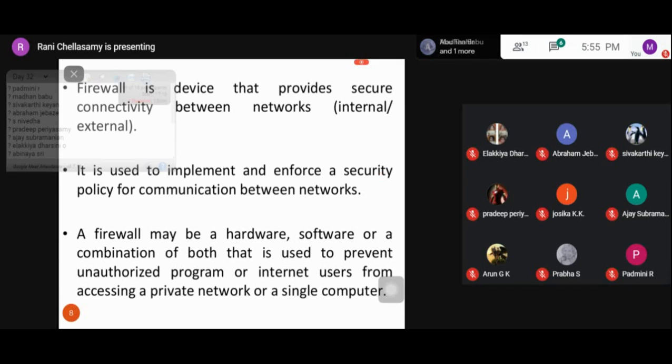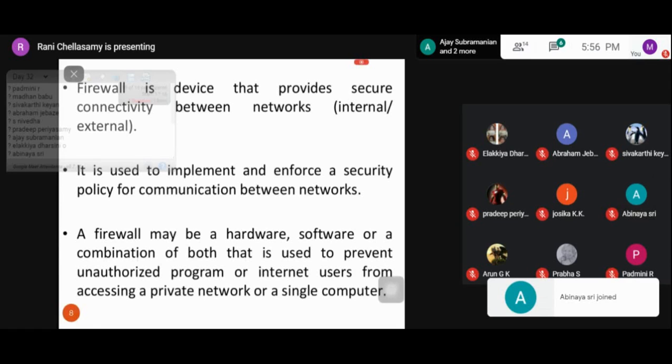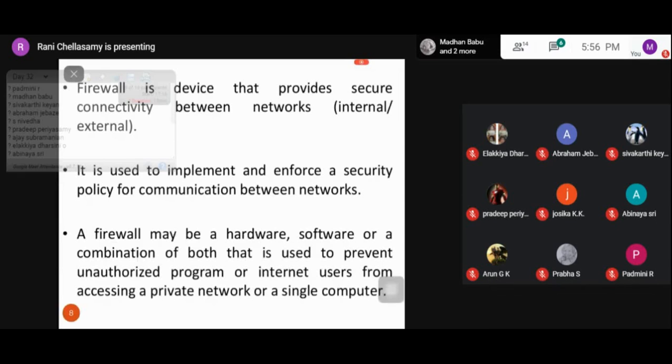Suppose some information is confidential, so the user may demand that this confidential information need not be passed on to the internet. For that case, the firewall will block that secured information, based on the security policy, meaning a rule specified by the user.